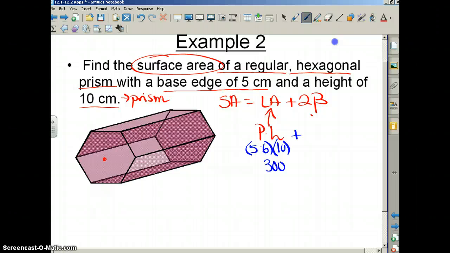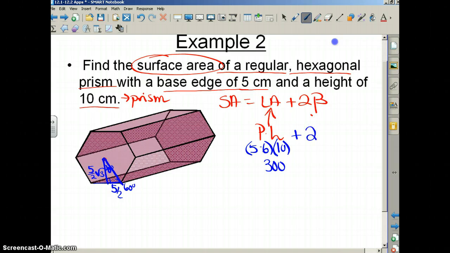Now we've been doing this for the past few weeks. So we need to find the apothem. If the entire side is 5, then the apothem splits it into 5 halves. We've talked about that the interior angle of a regular hexagon is 120. So when you draw a radius, it splits it into 60-degree angles. So we have a 30-60-90. So our apothem is 5 halves root 3.